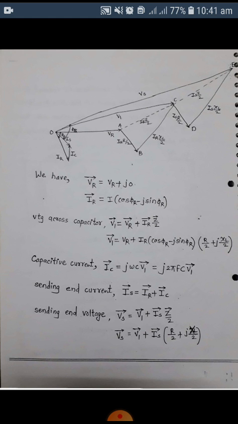Now that reactive drop is leading the current IR by an angle 90 degree. So we have represented IR into XL by 2, and the summation of phi R plus resistive drop plus reactive drop gives the resultant voltage phi 1, which appears across the capacitor.